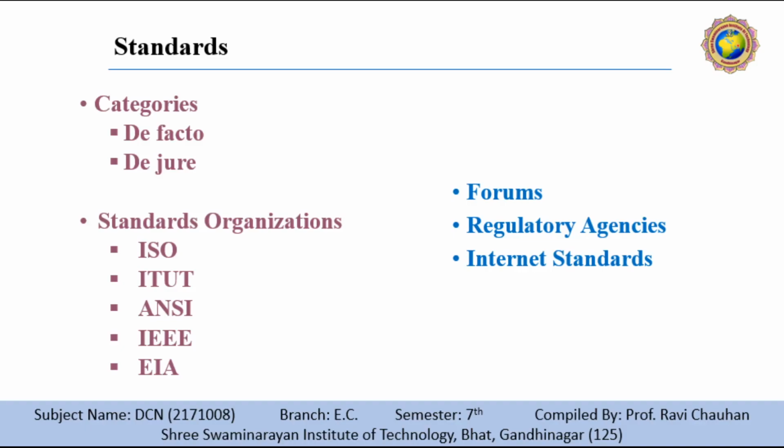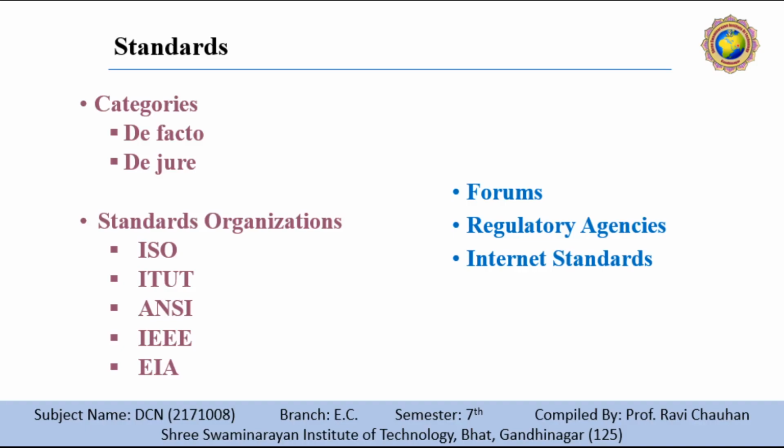The de facto standards are often established originally by manufacturers who seek to define the functionality of a new product or a technology. Second, de jure: those standards that have been legalized by an officially recognized body are the de jure standards.